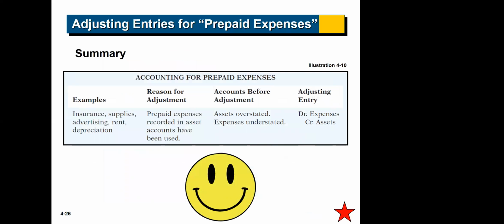It gives you what the accounts look like beforehand, and then the adjusting entry, which is the key part, right? What you need to debit expense, what you need to credit asset. Okay, so we're going to do some of these. We're going to do VE44, VE45, and VE46. So let me stop this.